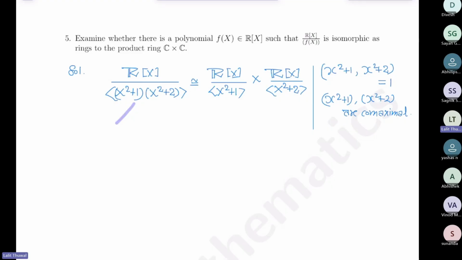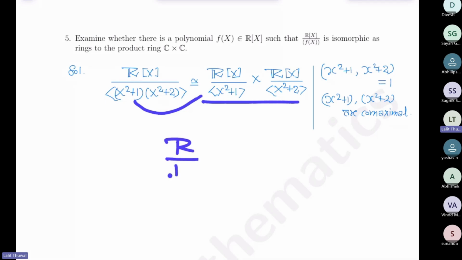Now Chinese remainder theorem says that if the ideals are co-maximal, then this is isomorphic to this. This is an application of Chinese remainder theorem. Okay.